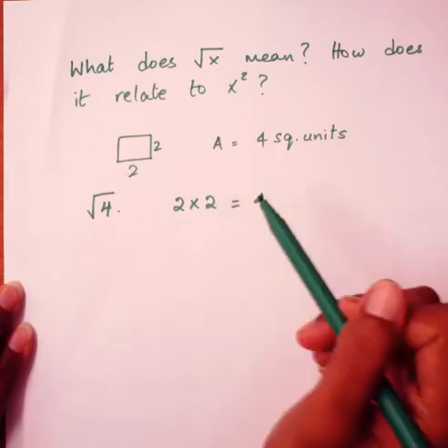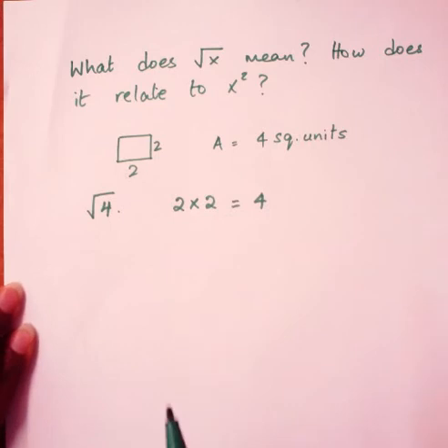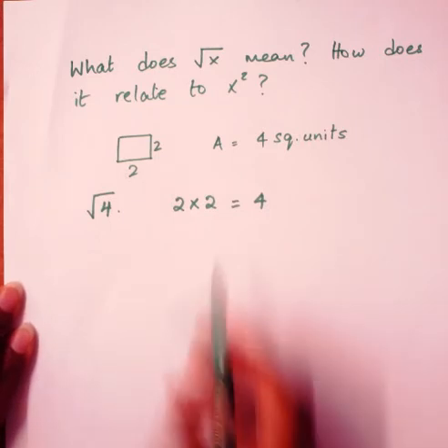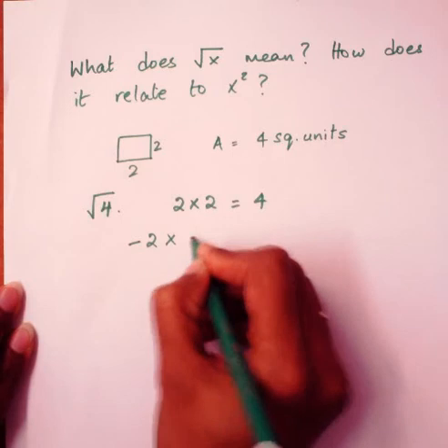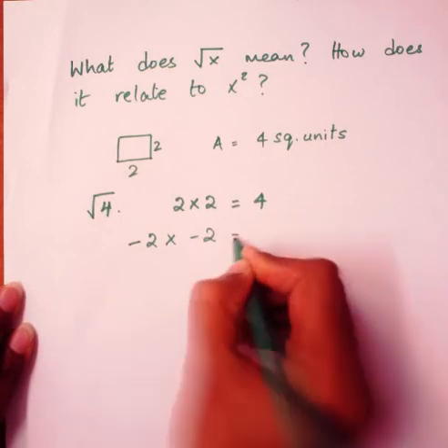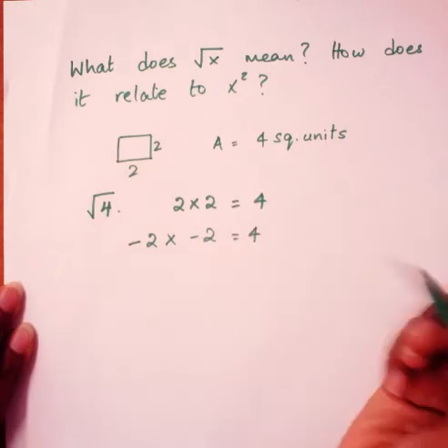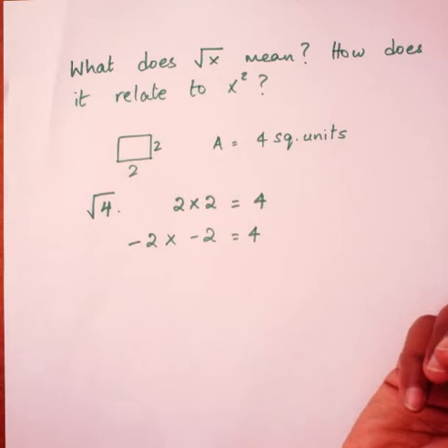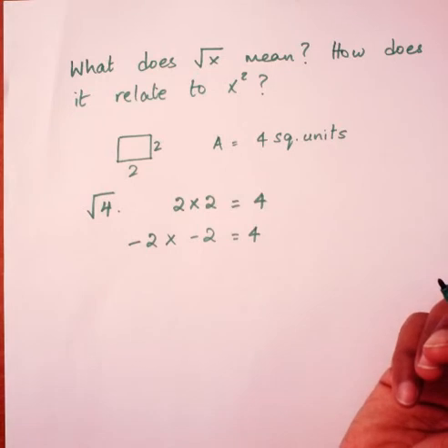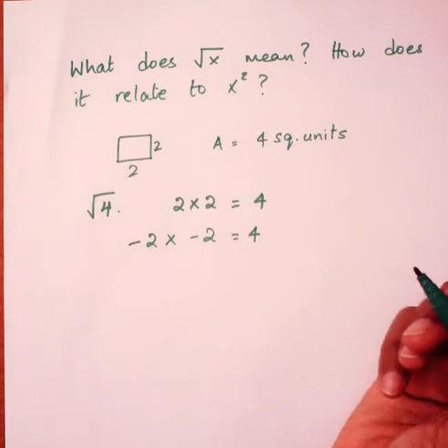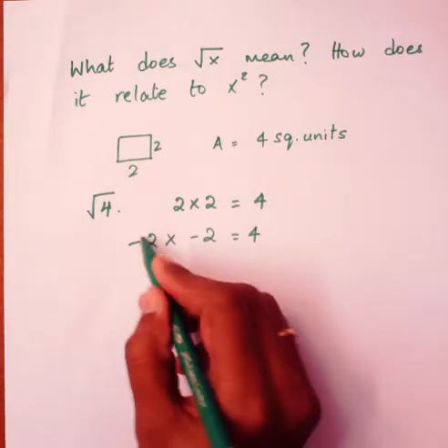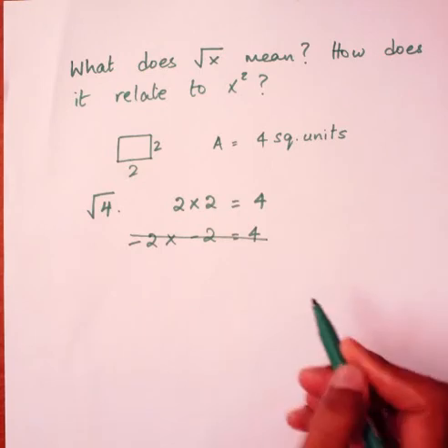Great. But another question comes up though. What about negative 2 times negative 2? That is also equal to 4, right? But to go back to our integers discussion that we had in class, can the distance be negative? No, it cannot, right? That's why we actually discard these values even though it is true.